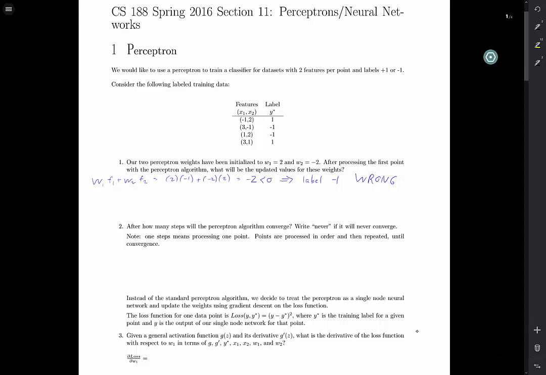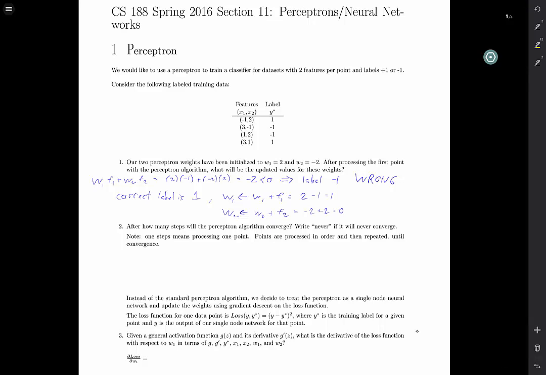So, since it's wrong and the correct label is 1, we add the feature to the weight. So we do the update W1 equals W1 plus F1, so that equals 2 minus 1 equals 1, and we take W2 and we update it to be plus F2, so that equals -2 plus 2 equals 0.